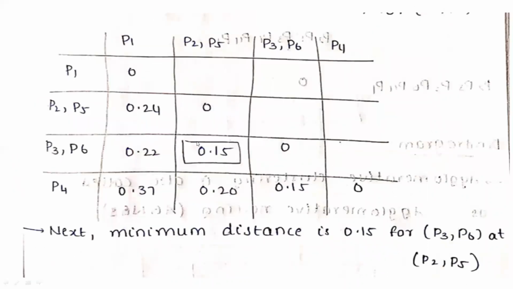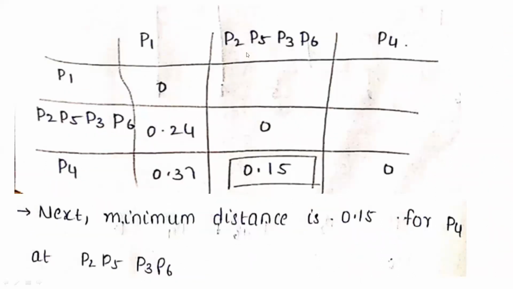Now, here we are considering this so that P3, P6, P2, P5 forms a single cluster. Thus, the matrix becomes like this. Again, this is the minimal point, 0.15 under P4, P2, P5, P3, P6.